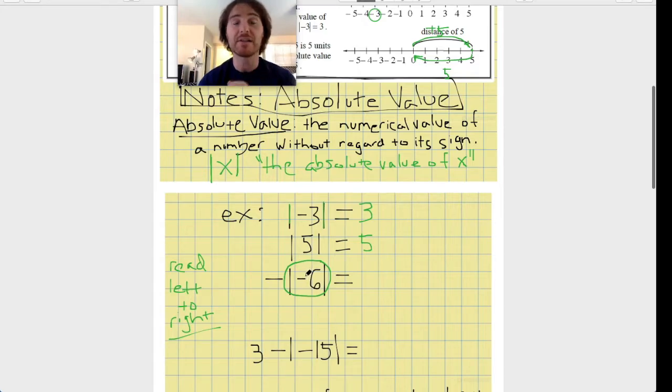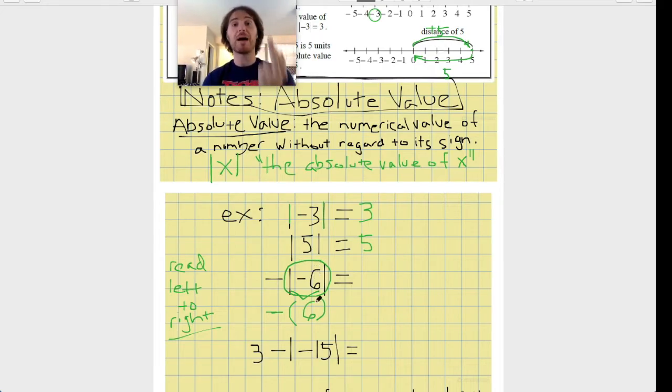And we know that -6 has what absolute value? +6. So this whole thing becomes +6, but wait, what did we leave on the outside? We left a negative on the outside. So when you're evaluating negative values, what I recommend is that we have to take the absolute value first, right? We took the absolute value of -6, and we know that it is +6.